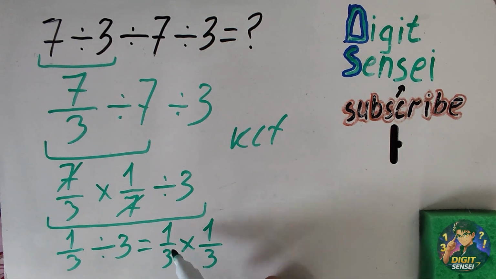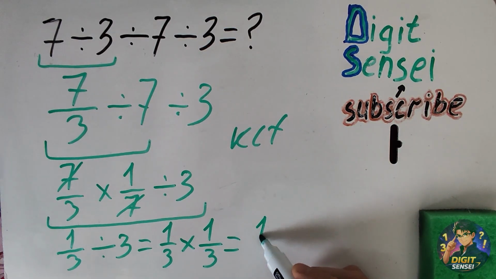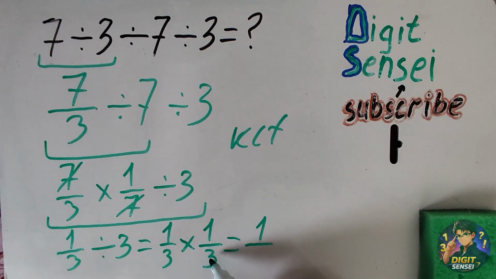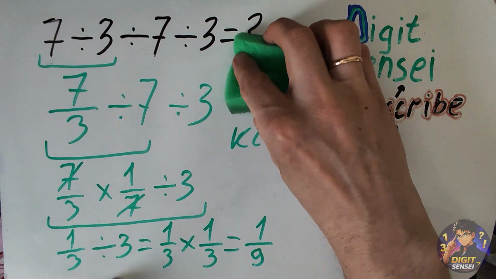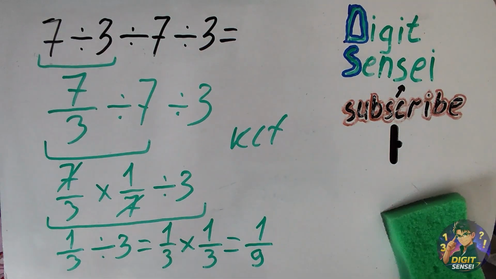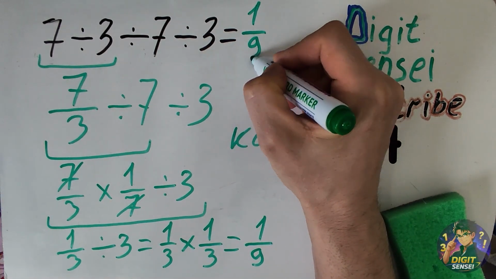So 1 over 3 times 1 over 3, which equals 1 times 1 gives us 1. So 1 over 3 times 3, which equals 9. So 1 over 9, and this is our final answer to this problem. The correct answer is 1 over 9.